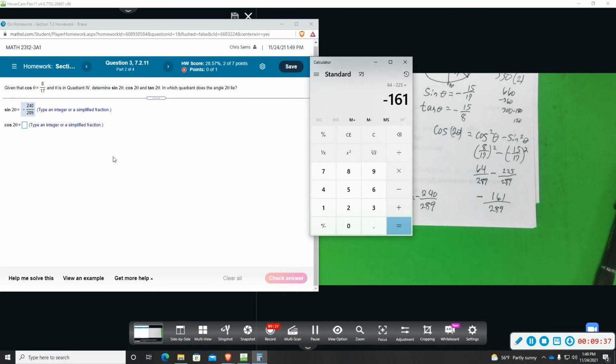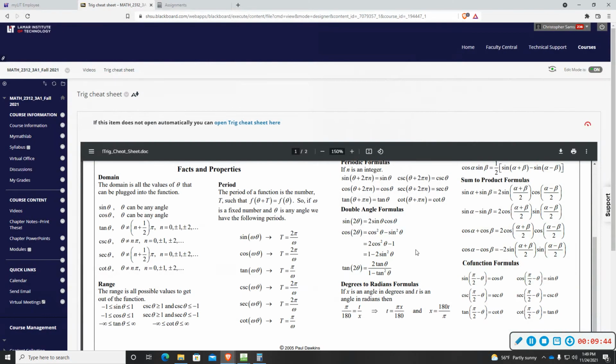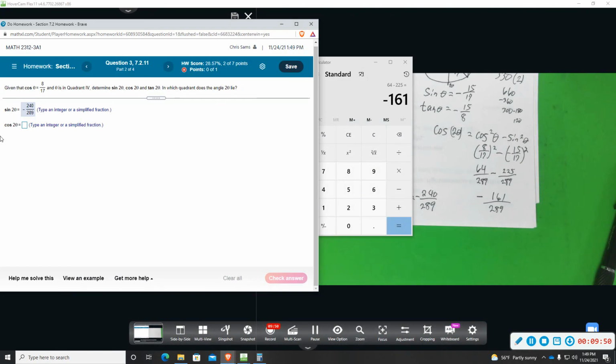Negative 161. Seems like that is off. Let me double check this formula again. Cosine squared minus sine squared. Yep. Okay. Seems like it should be positive in quadrant 4.